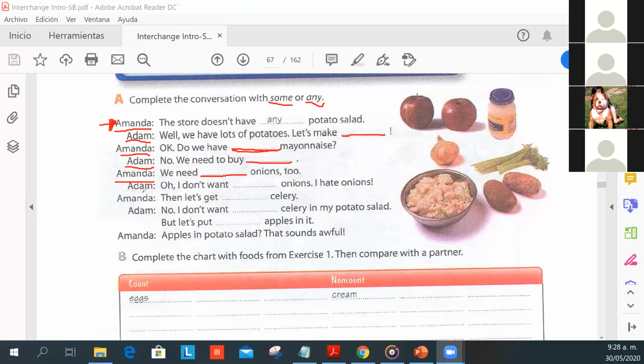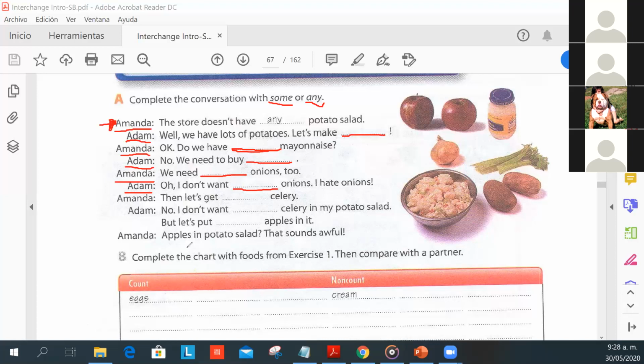Okay, let's go back with Juan David. Teacher, in the third line is any or some? In the third line here it's any. Because it's a question, yes. La cuestión. Okay.